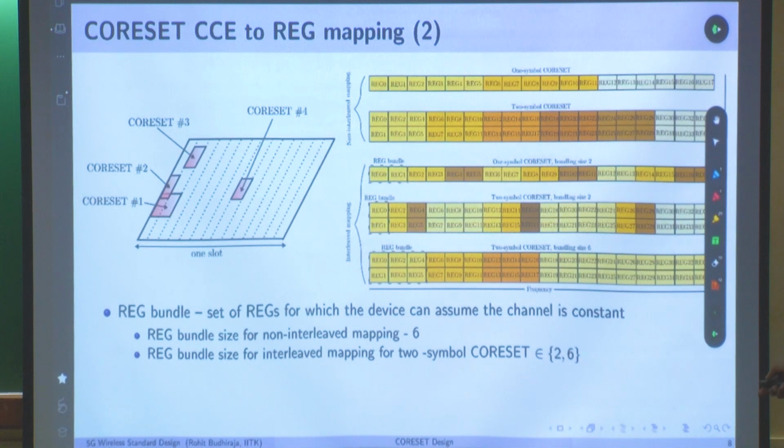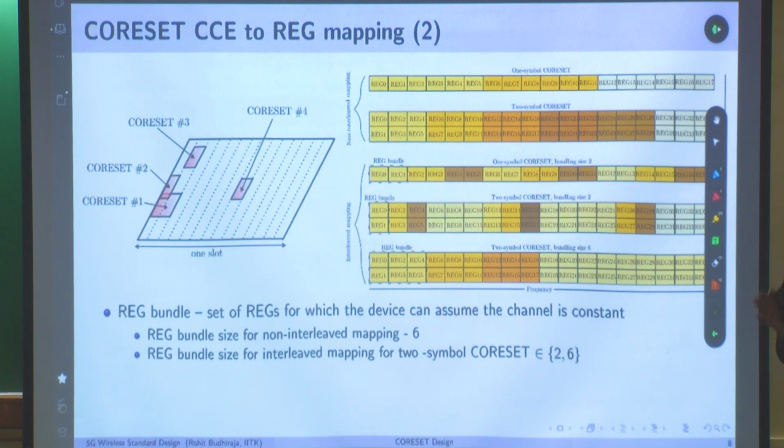Because what are we saying here? The REG bundle size is 6 over here, okay. If REG bundle size is 2, what will happen? One is coming here, another one will come after 1, 2, 3 here, this one, correct, okay. And what is a bundle? Over which the user can assume that the channel is constant, okay. But why are we doing this?